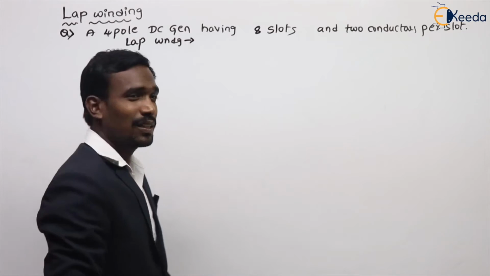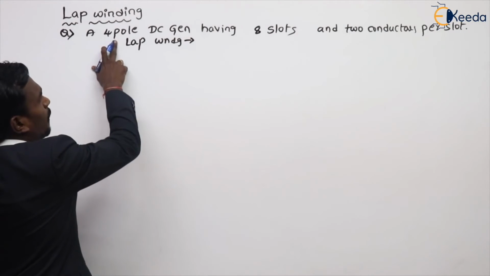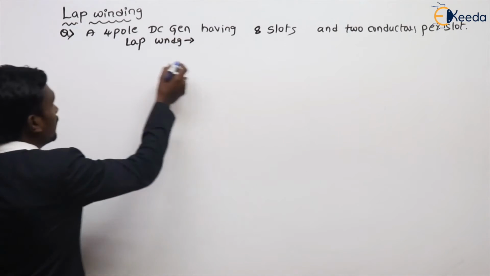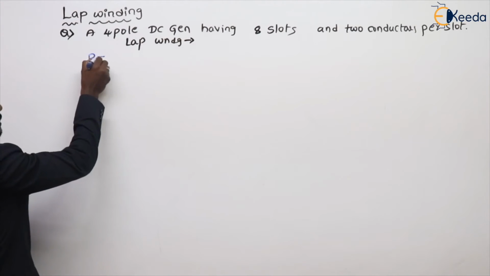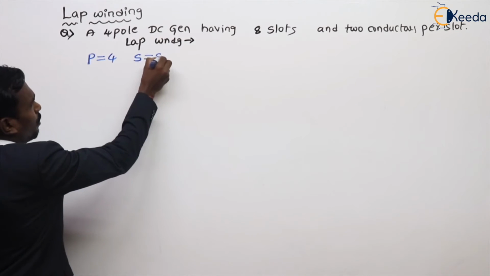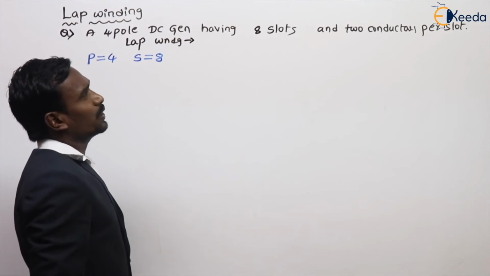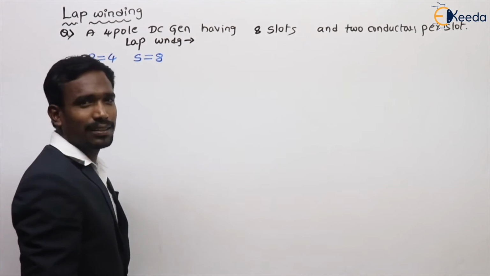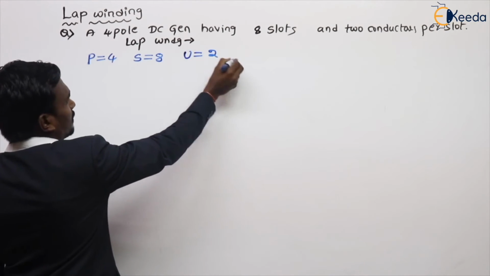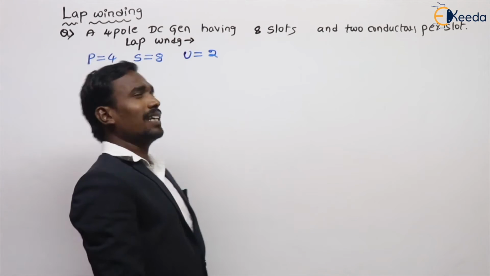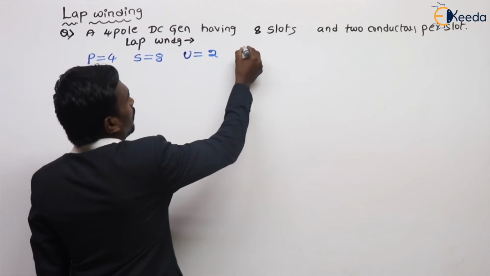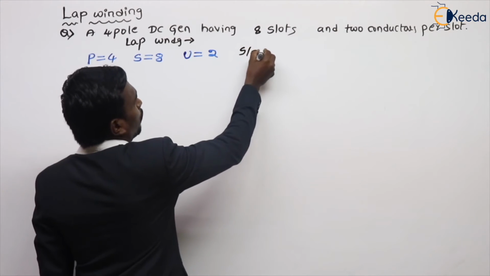So, a 4-pole DC generator having 8 slots. What is given? The number of poles is equal to 4. The number of slots is equal to 8. And 2 conductors per slot. U, the conductors per slot, is equal to 2, and it is a lap winding. So let's draw the lap winding. Before that, first tell me what is slots per pole.